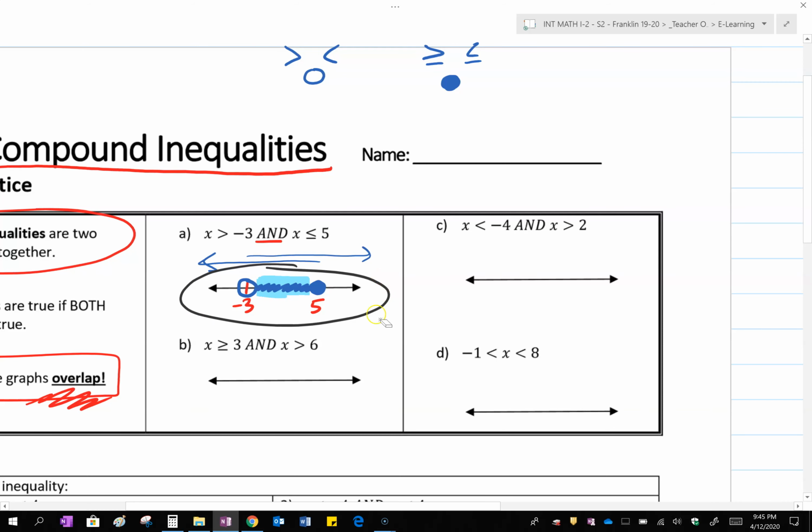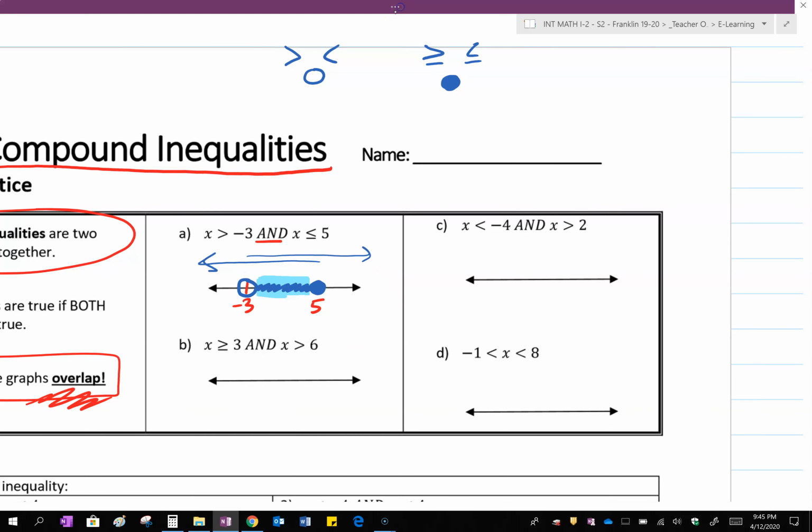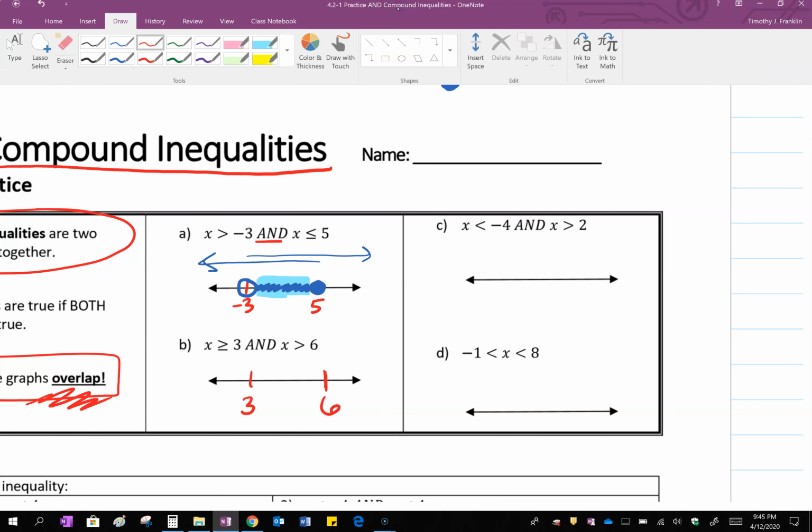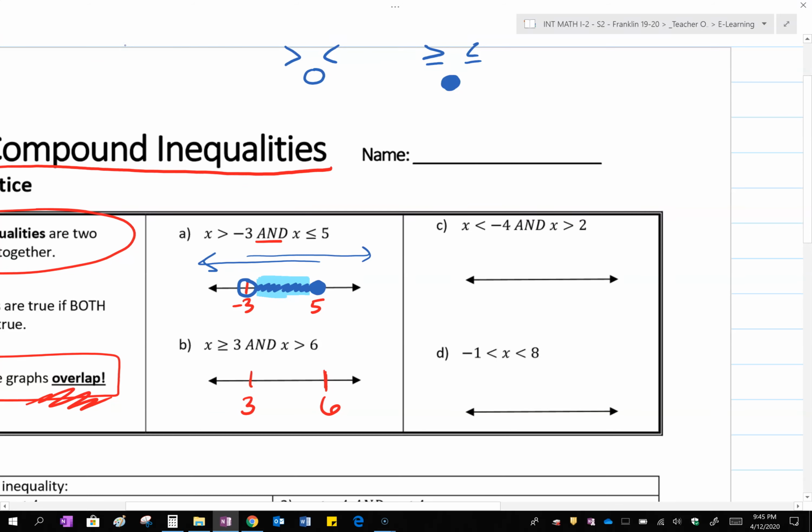Okay, next one. We've got x is greater than or equal to 3 and x is greater than 6. Put my 3 here, the 6 here. And again, just to kind of plan ahead, the 3 will go greater than, so that's to the right. Greater than 6 is also to the right.